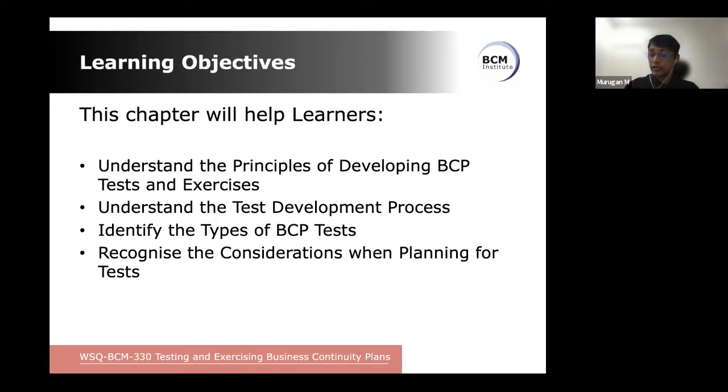But in some organizations, they are required to do 2 DR tests and 2 BCP tests. All right. One, just a BCP test. Another BCP test is combined with the IT. So it is full scale, right?